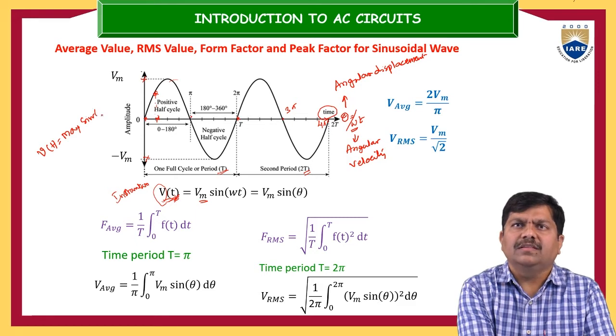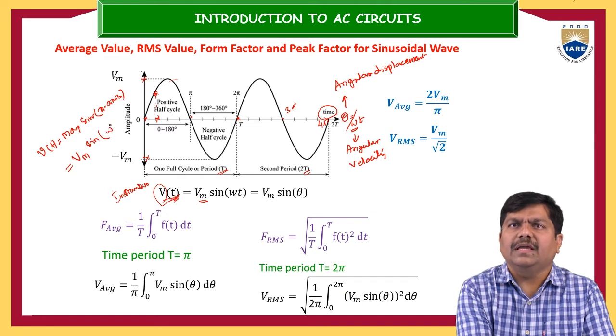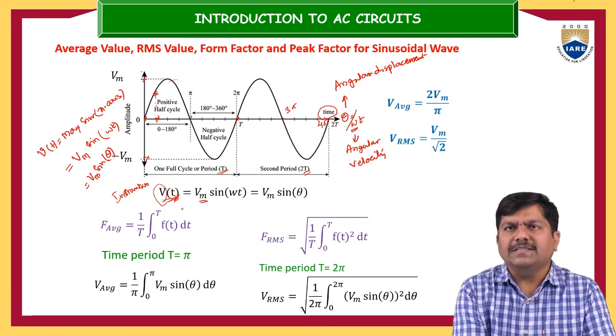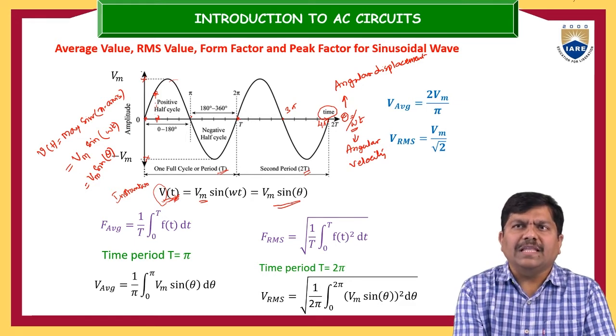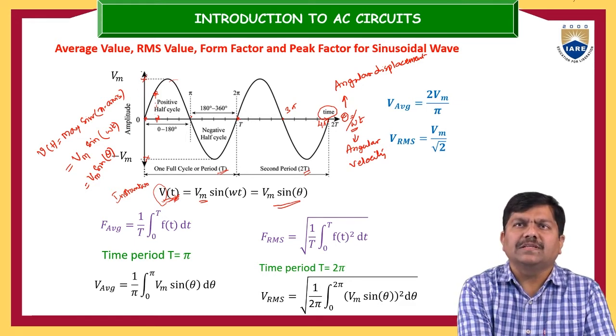The maximum value is V maximum, and it varies in sinusoidal form, with the x-axis being omega t or theta. So V of t is equal to V maximum into sin of omega t, or V maximum into sin theta. Like this we are developing the mathematical equivalent of this graphical representation of the waveform.